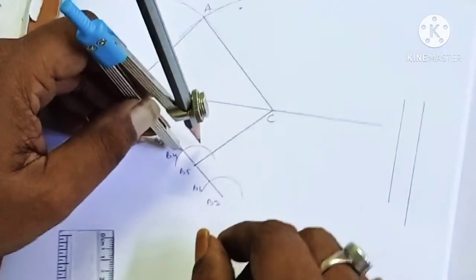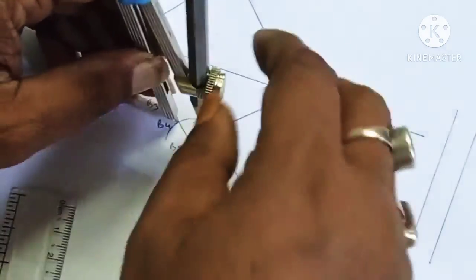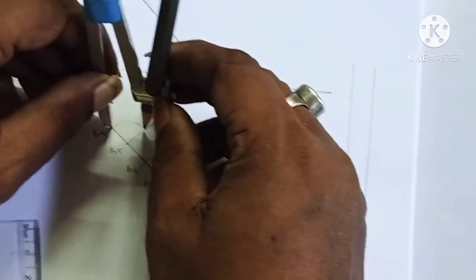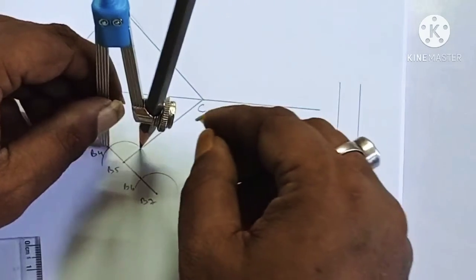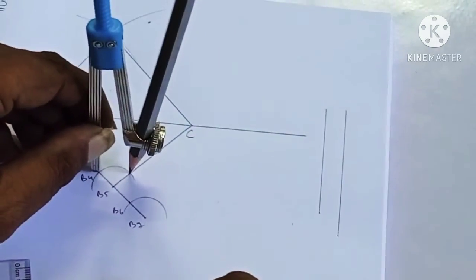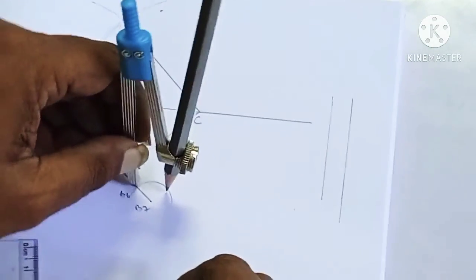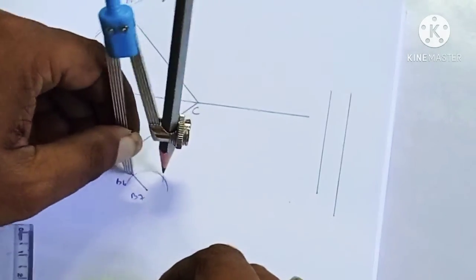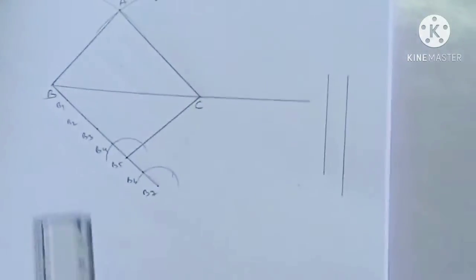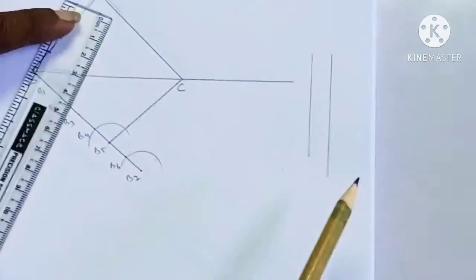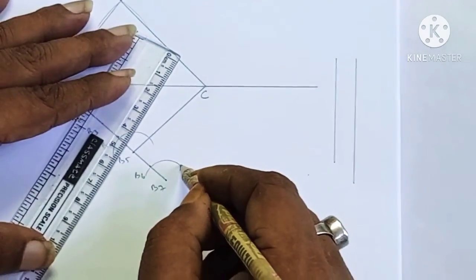Now I measure this angle, and the same angle is drawn here. Now I am going to join B7 and this point.